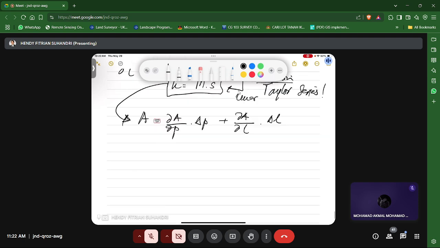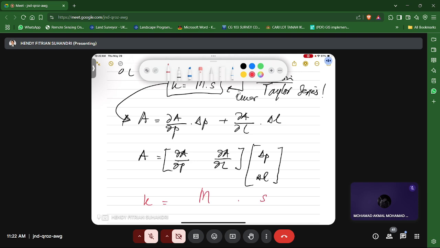What we have now is dou A over dou P, in matrix or vector form, dou A over dou L, times delta P and delta L.